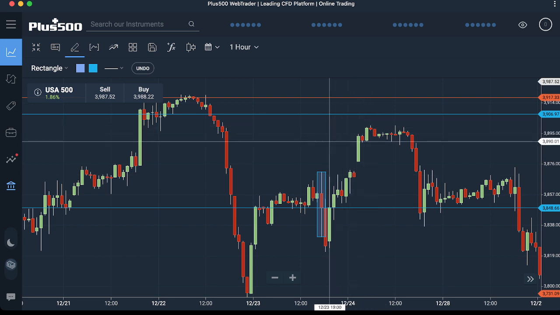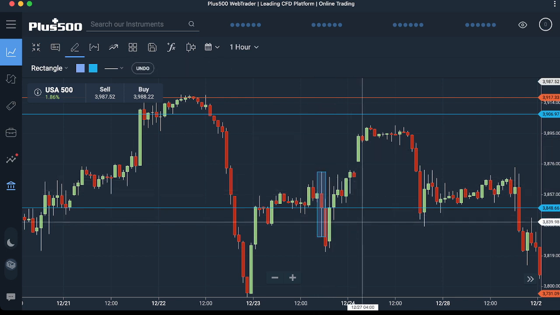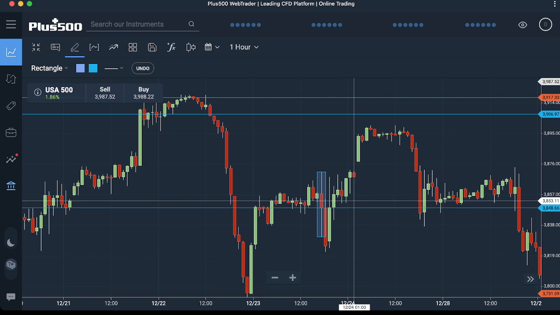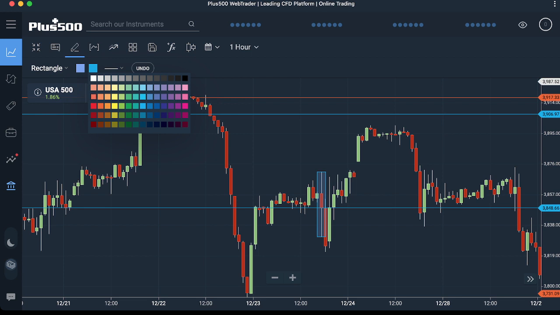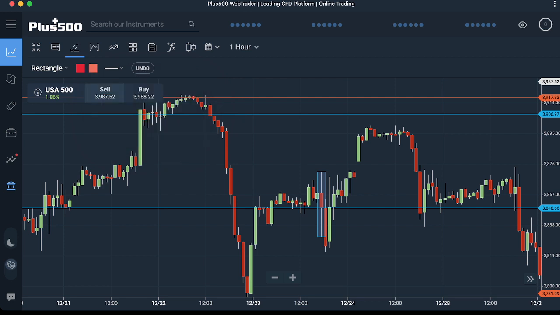Now, based on this entry type, which is H1 aggressive, I'm going to show you where you are going to set your stop loss and TP. As I said, the stop loss for the H1 aggressive entry type is going to be based on the point of interest.